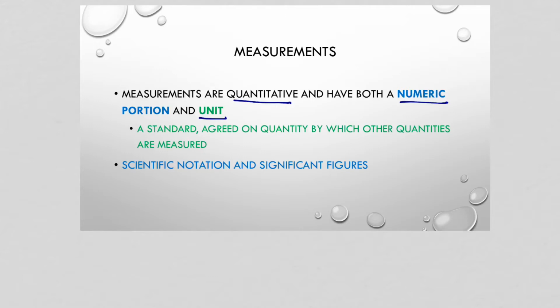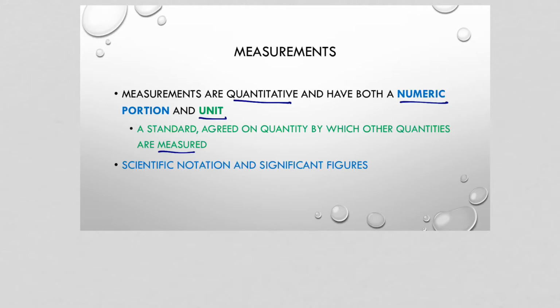As we go through this chapter and the whole course, we're going to keep emphasizing how important the idea of the unit is, and keeping track of our units. A unit is simply a standard agreed upon quantity by which other quantities are measured. It provides a reference, a scale, if you will.